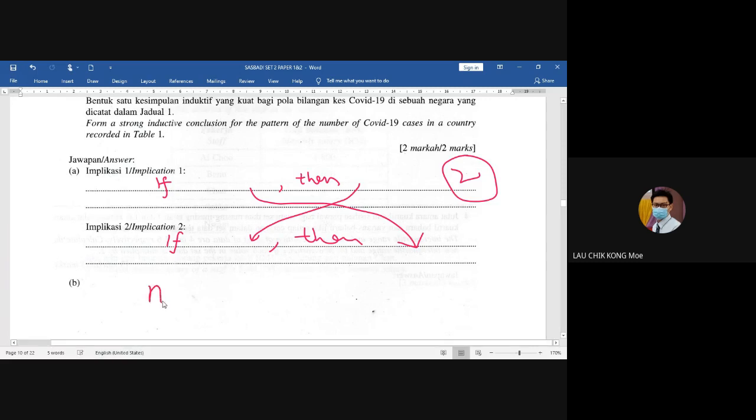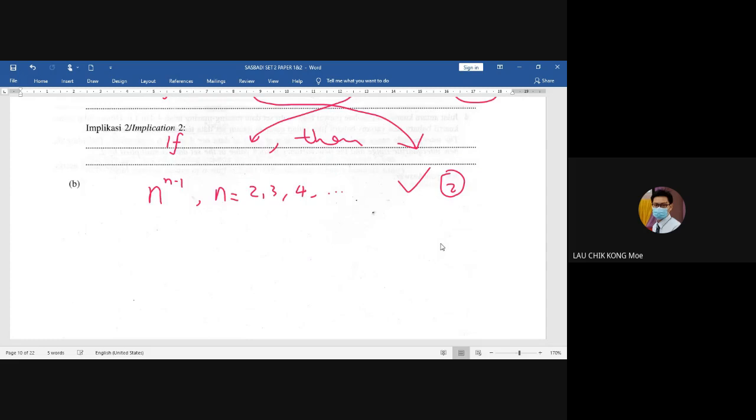n power of n minus 1, with n equals 2, 3, 4, ... correct, 2 marks. Another answer is also correct: n plus 1 power of n.